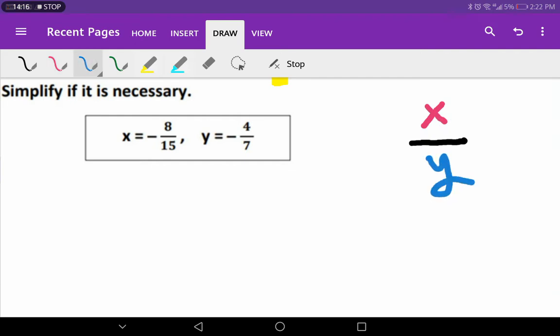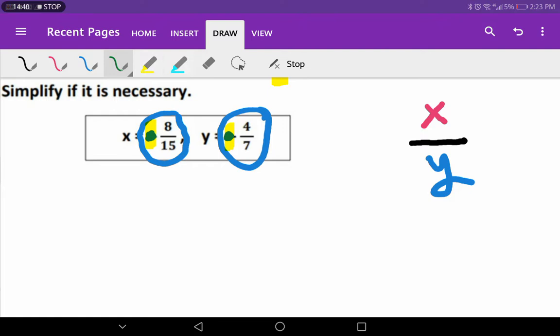He asked me to put the x over the y. Okay, that's fine. And as you see, both of them are negative. And this makes my life easier because I ignore them. No need for them because I know the answer is positive.